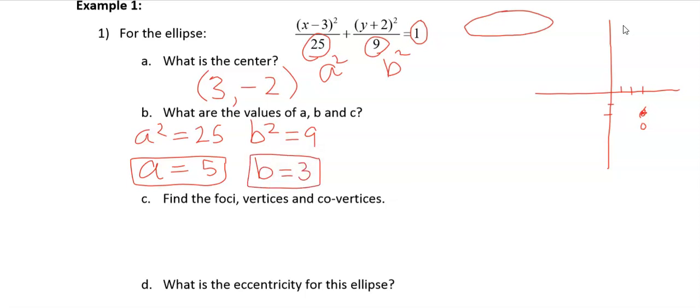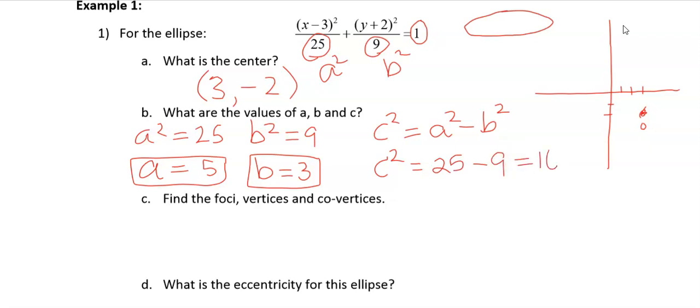There's my B. Now remember, C you won't find in your equation for the ellipse, but you can easily calculate it by using C squared equals A squared minus B squared. Make sure you show this calculation, by the way, if you ever need to use it. A squared was 25, and B squared is 9, so I subtract 9, and look at this.